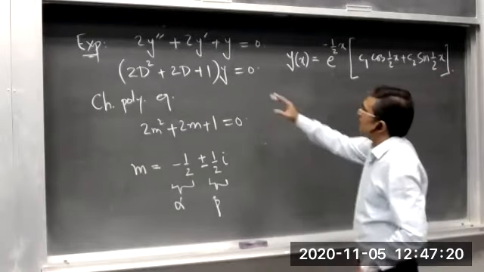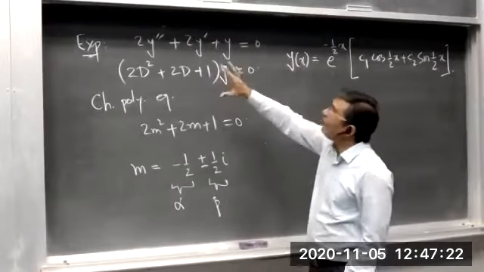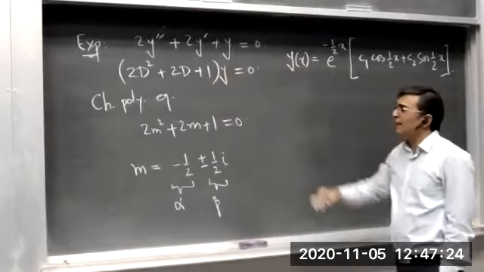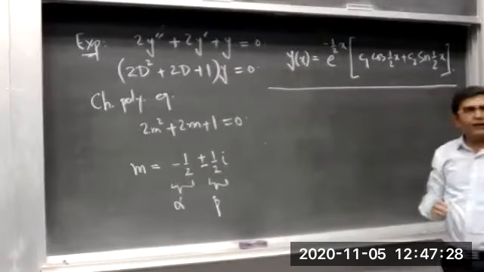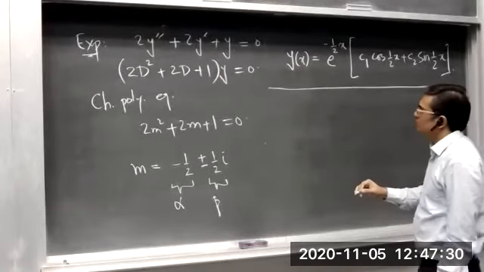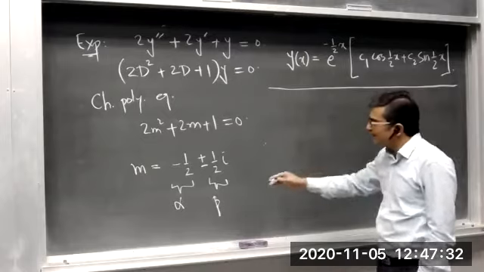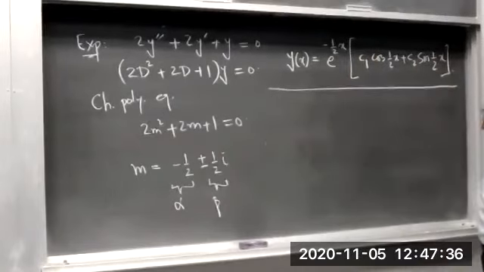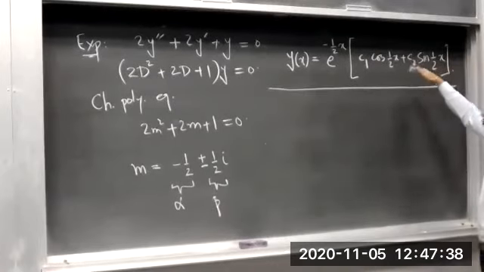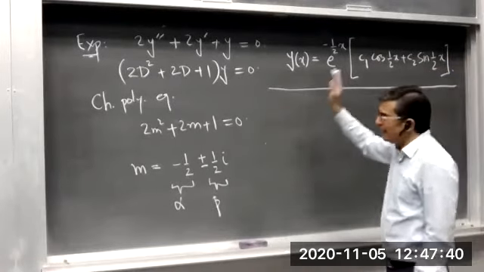Now, I was discussing if we have a fourth order differential equation and we have 4 complex roots, meaning a pair of repeated roots. If you have 4 different roots, then another similar kind of solution will be added here.